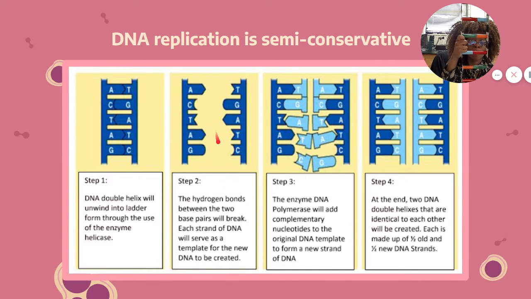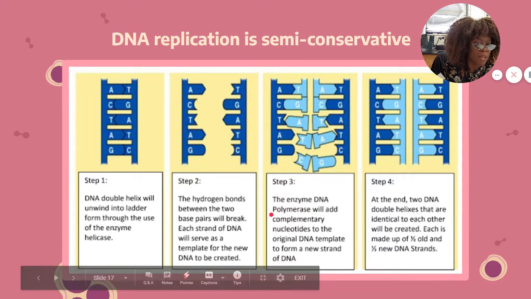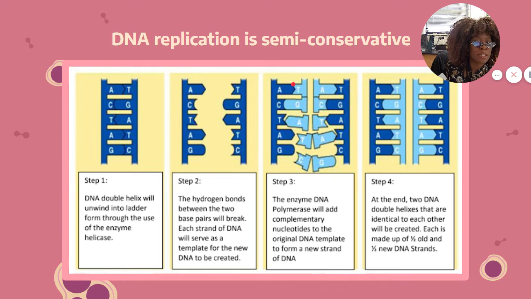So the hydrogen bonds are going to break, which is going to separate them into two different strands. Okay. Once they're in their two different strands, then this thing is called DNA polymerase, an enzyme that polymerizes, which we know a polymer is just a large molecule. It's just going to start adding in these bases using our base pairing rules.